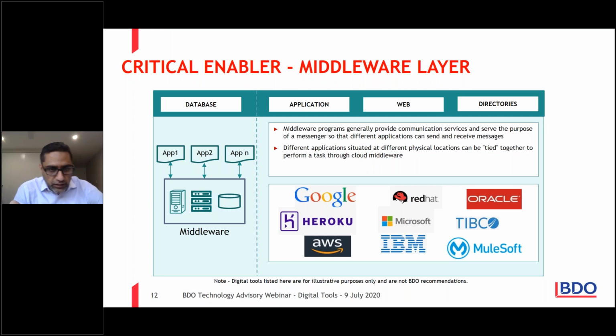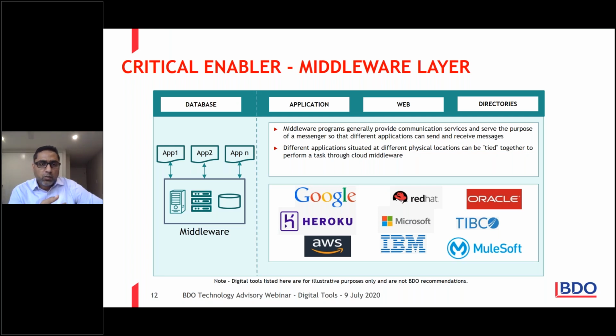Now this page and the next one will not appeal to a lot of people because these are capabilities which are hidden deep in the technology world. Nevertheless, they are critical to create that seamless process and deliver those operational efficiencies.